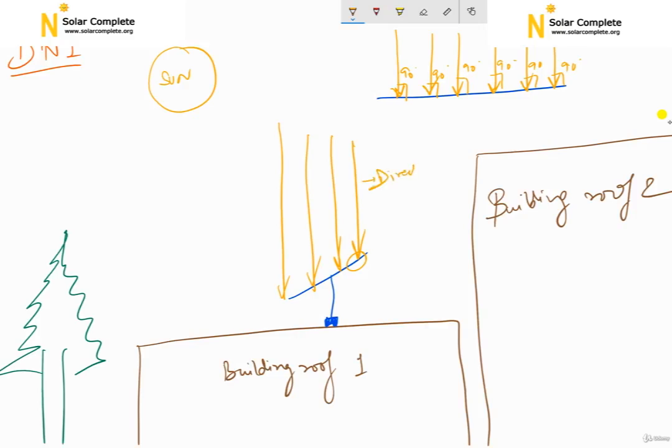Now, let's understand DHI. This is our solar panel.